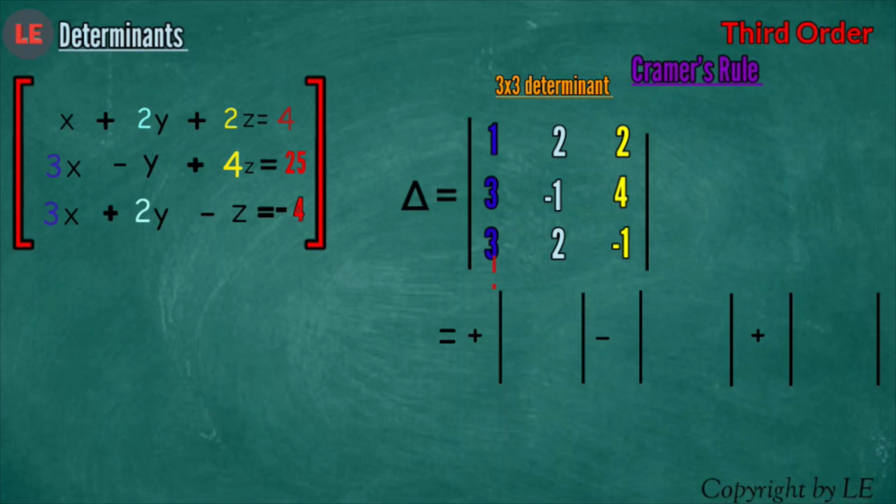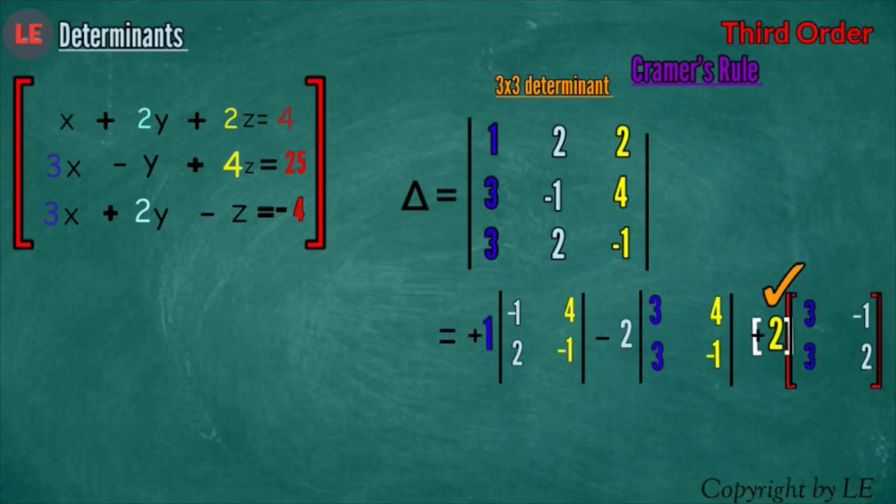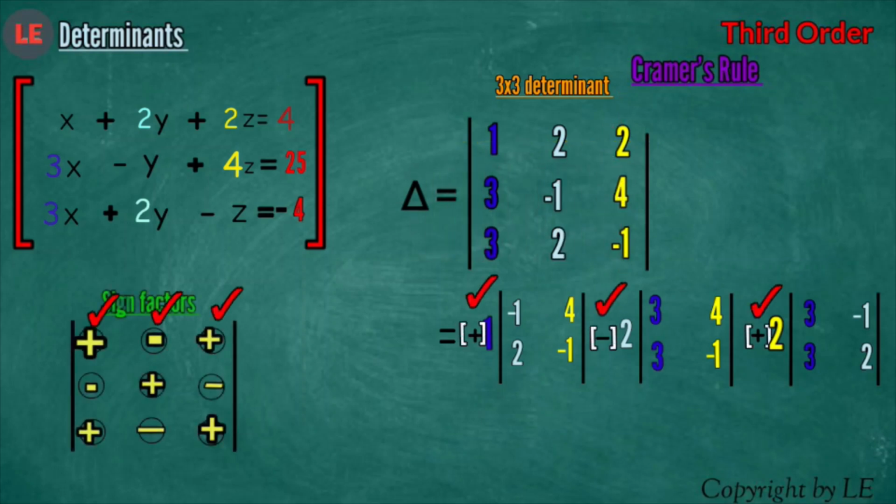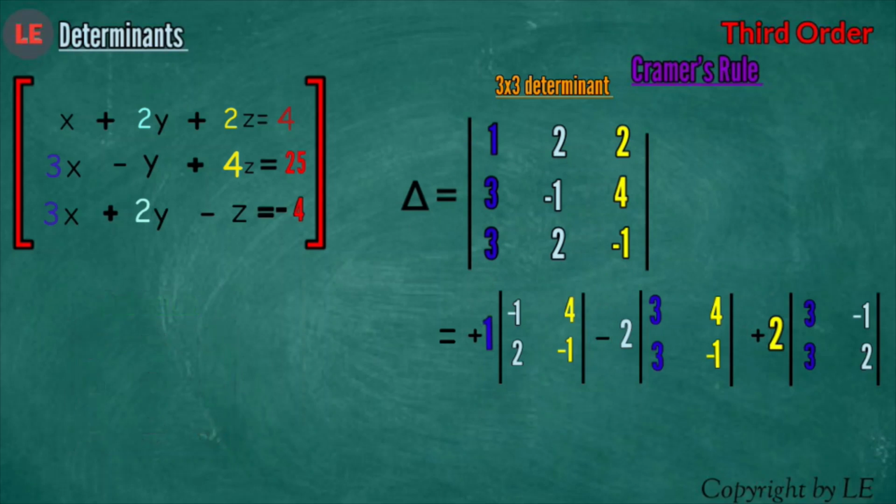We strike out the first column and row, this group is left out. This group alongside this 2, we got it from striking out the first row and second column. Also we got this minor of this 2 from striking out the third column along with the first row. Don't forget about these sign factors in between. From this point, we use 2 by 2 matrices to break down all these.